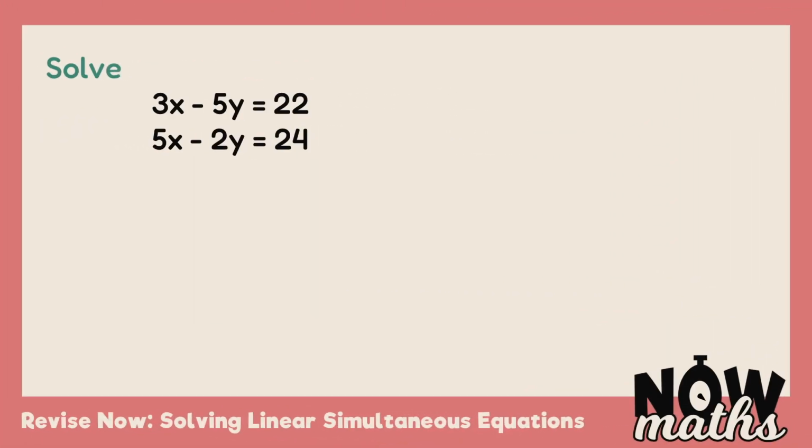For our third pair of equations, we're going to start off in exactly the same way. So we're going to look at the lowest common multiple of the x coefficients and the lowest common multiple of the y coefficients. So for the x coefficients, we have 3 and 5, and the lowest common multiple of 3 and 5 is 15.